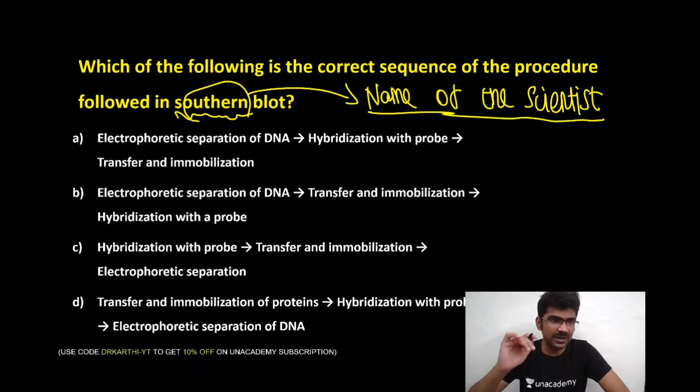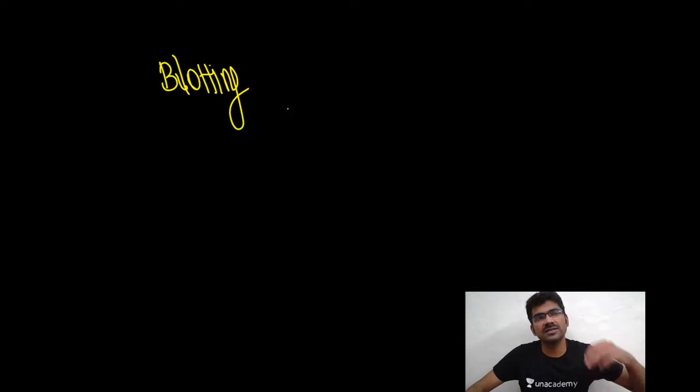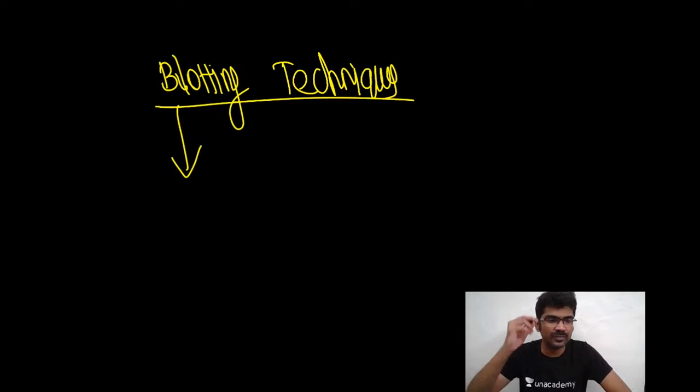So now let me tell you about the blotting techniques. This is very important to understand. In any blotting technique, whether it is Western, Southern or Northern, first you have to do electrophoresis.